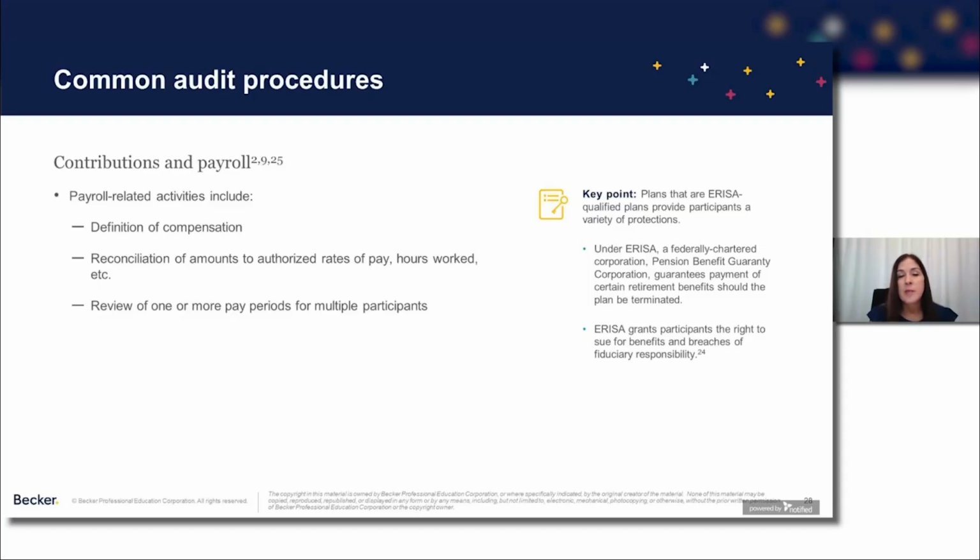ERISA grants participants the right to sue for benefits and breaches of fiduciary responsibility. So those are some of the protections that are offered when it comes to these qualified plans. And they offer these protections because these plans are holding retirement benefits for these individuals.